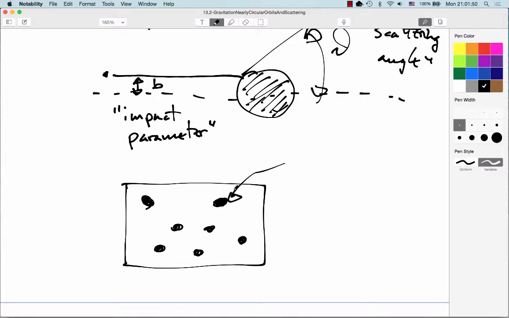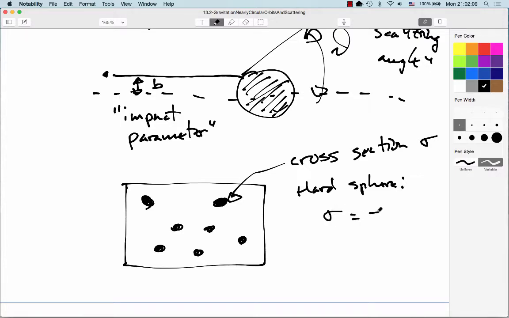And so we'll say that its cross-section is sigma. So it's measured in square meters or whatever units you prefer. So for a hard sphere, which is what we're considering, the cross-section would be pi times the radius of the sphere squared.